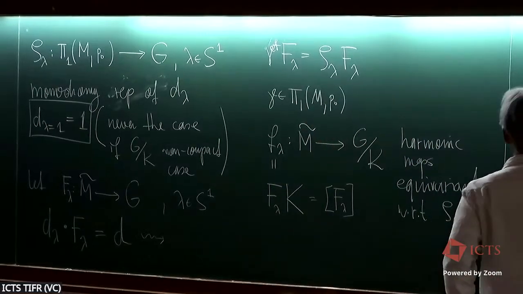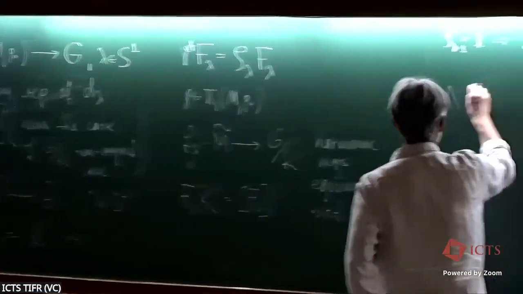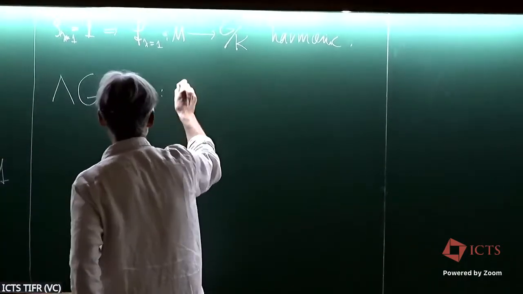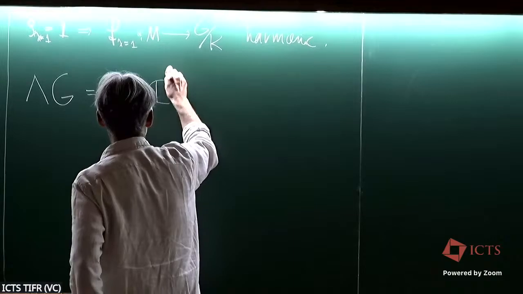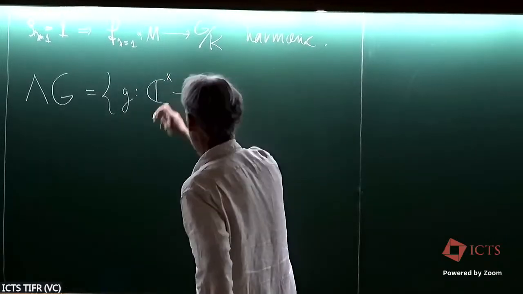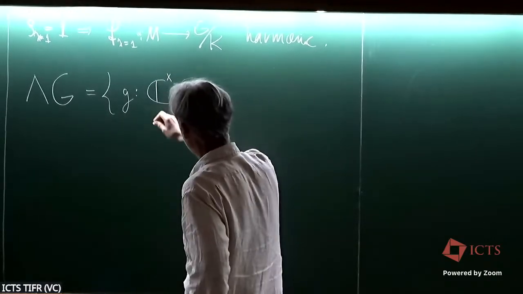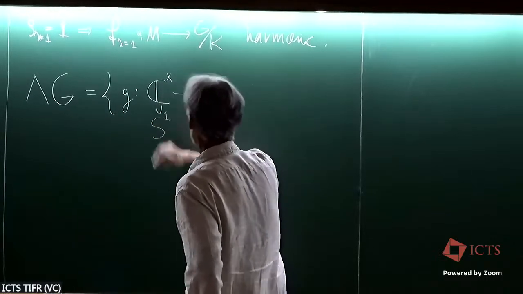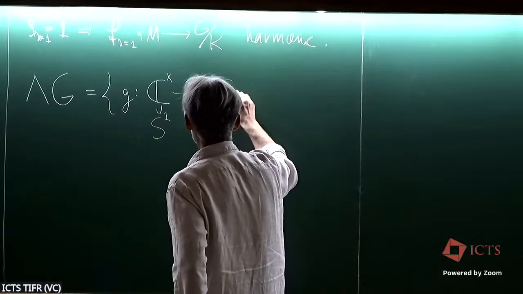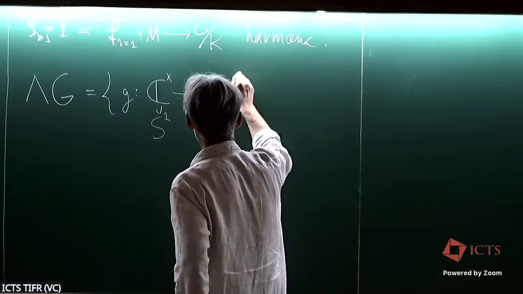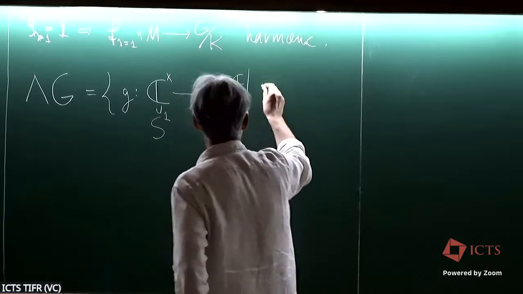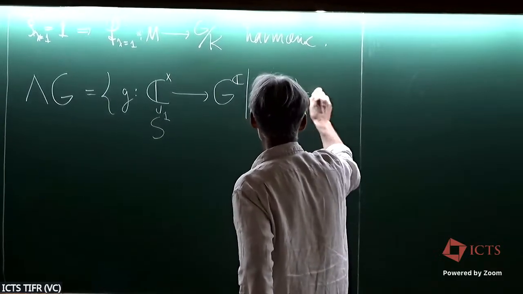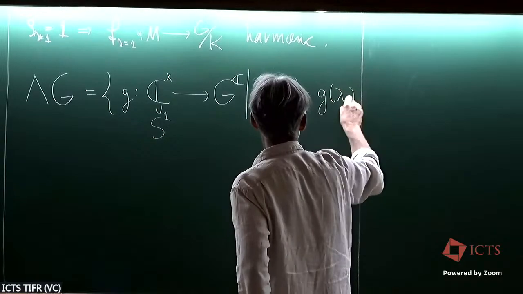So now let's define the loop group Lambda G to be all maps little g, and here there's a matter of taste, so I start really on the punctured C, or later you could write S1 if you wanted. That's also good, but now I have to write, if it's really defined here, into the complexification. It has the property that if I evaluate at 1 over lambda bar, I get g of lambda bar, right?